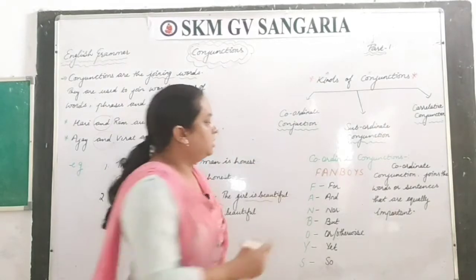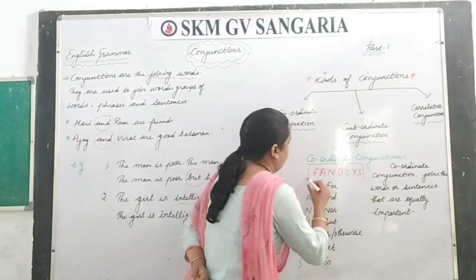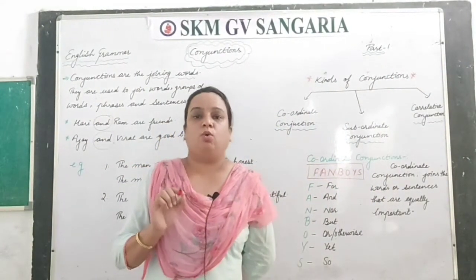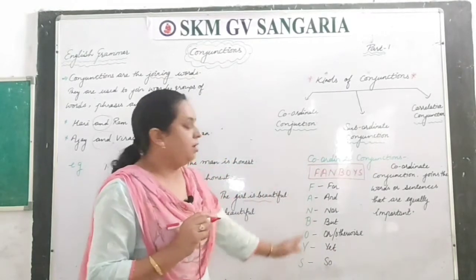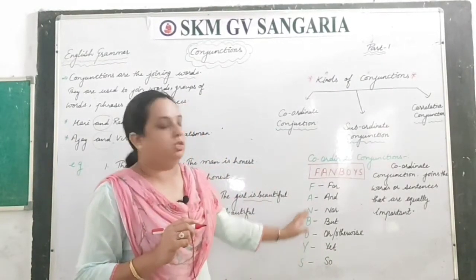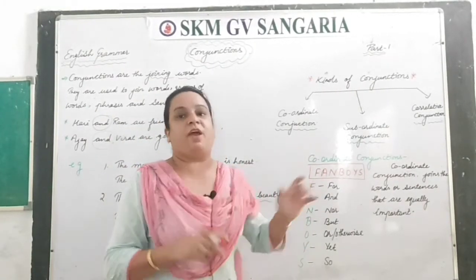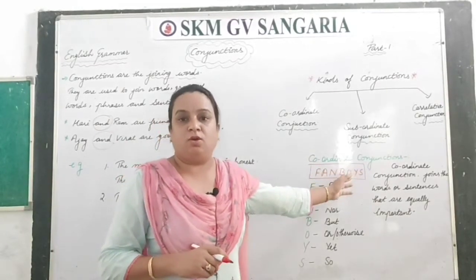You have to learn this word only, FANBOYS, I have written here. FAN BOYS, right? Now I'll explain all this. Do not get confused that if the word fanboys is written in a sentence, it will be a coordinate conjunction. It's not so.